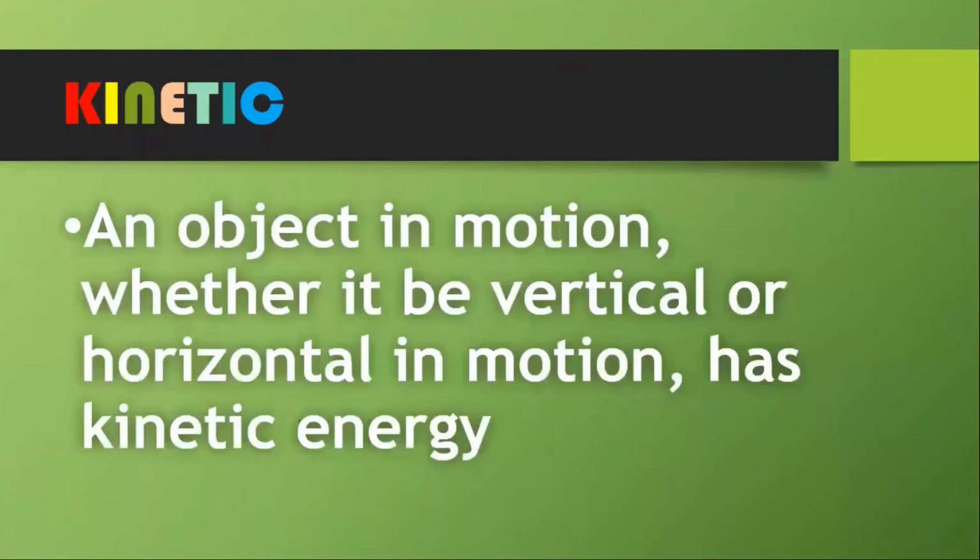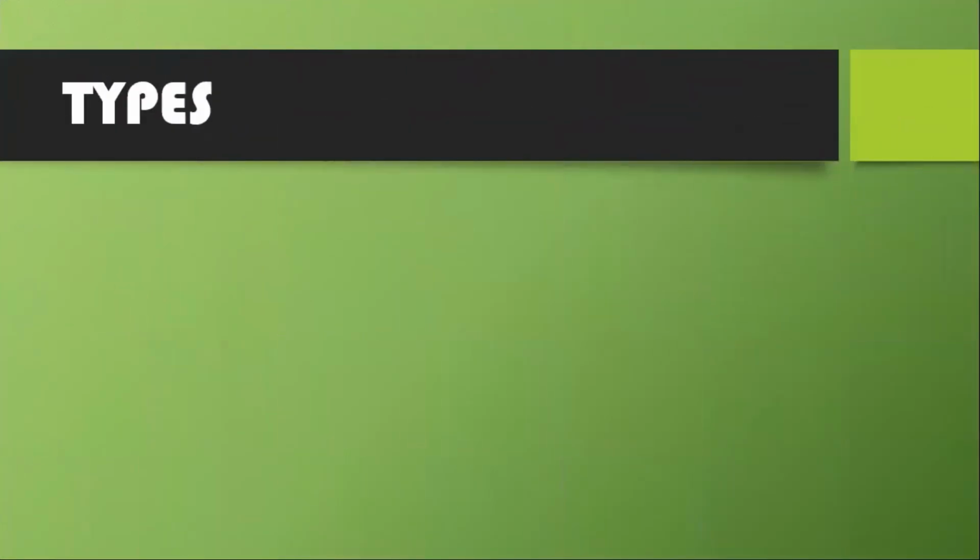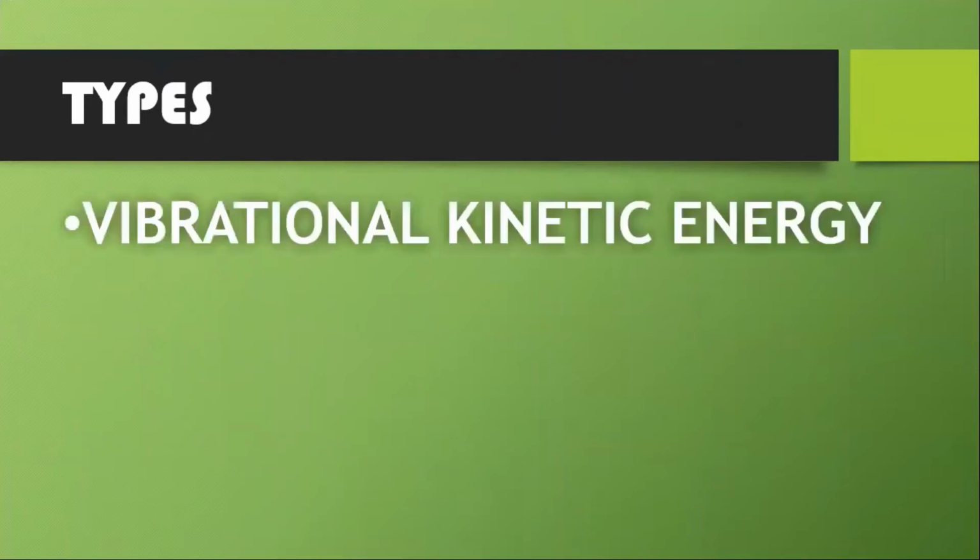So kinetic energy is the energy of an object in motion. Whether it be vertical or horizontal motion, it has kinetic energy. So remember, it is the energy if the object is in motion. We have different types of kinetic energy.